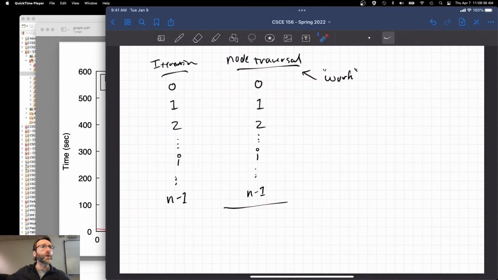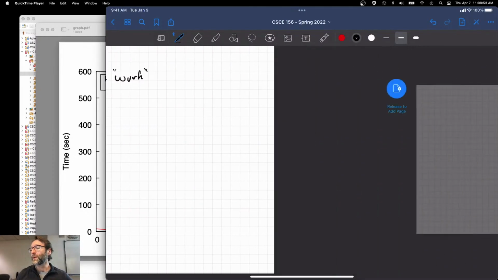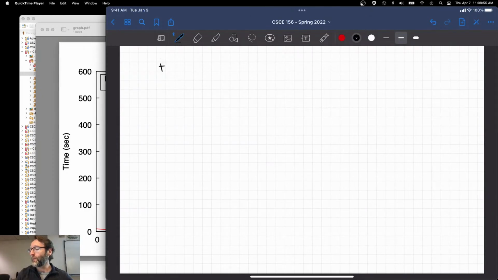There might be some other work that I have to take into account, but let's go ahead and figure out how much work is actually being done here by taking one big giant sum. How many total node traversals am I doing using this code? So let's do some math. The total number of node traversals is, well, 0.